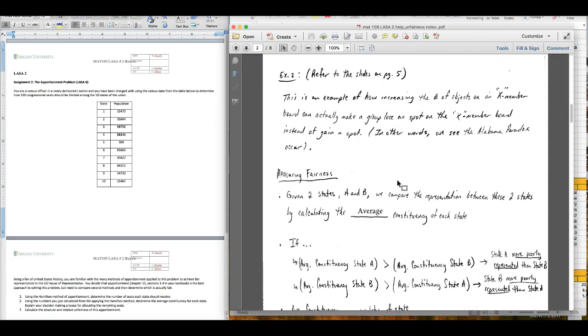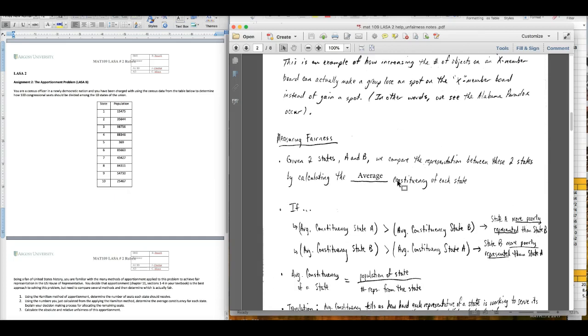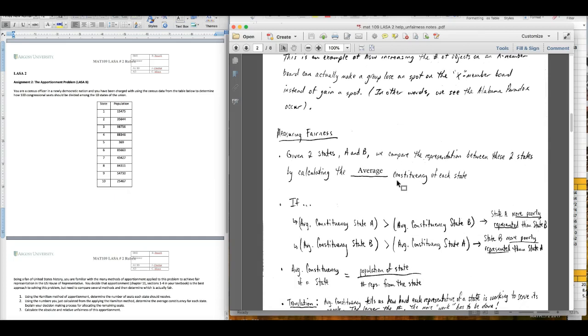In other words, how hard is one representative working versus another?